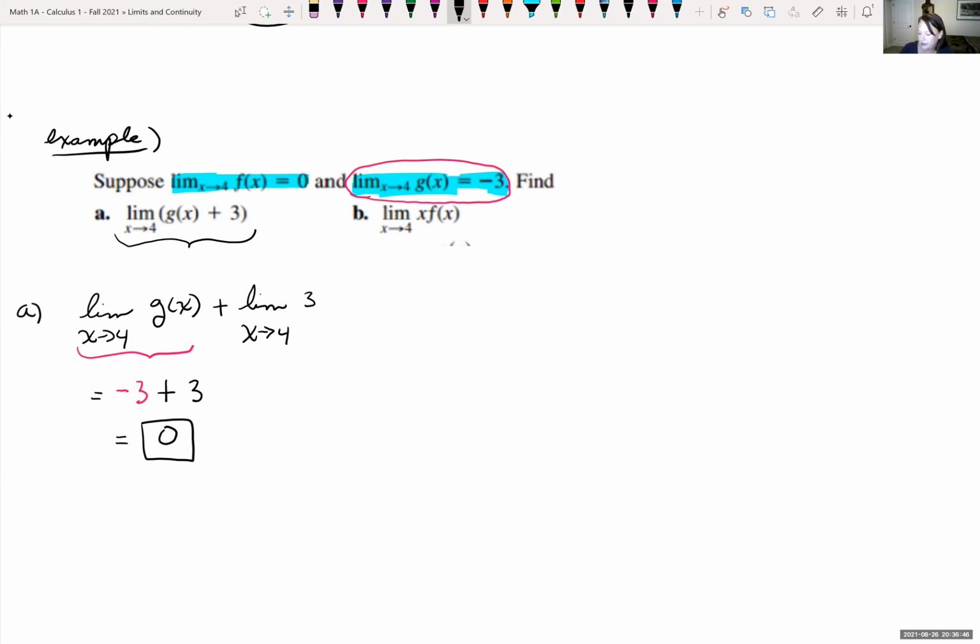So that was A. For part B, same sort of reasoning using those limit laws. We can break this up. We have the limit law that if you have a limit as x goes to a number of a function times another function, we could look at the limit as, in this case, x approaches 4 of the first function, x, all times the limit as x approaches 4 of f of x.